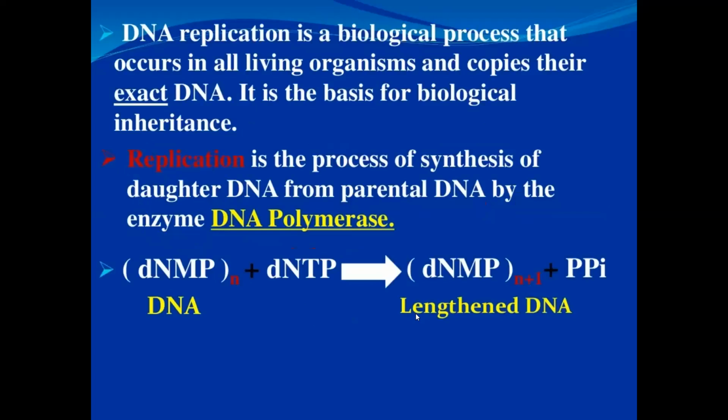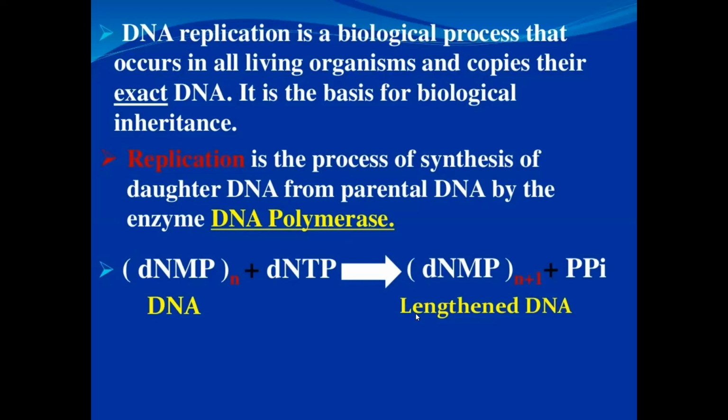So what is replication? It's nothing but doubling. DNA replication is a biological process that occurs in all living organisms and copies their exact DNA. It is the basis for biological inheritance. As I mentioned, the information is inherited from one generation to another by the replication process.